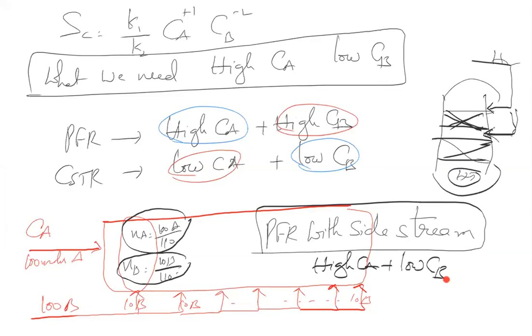Suppose you want to operate CSTRs, how do you do it? If you give me a PFR, I'll operate like this. But a PFR is nothing but a series of CSTRs.